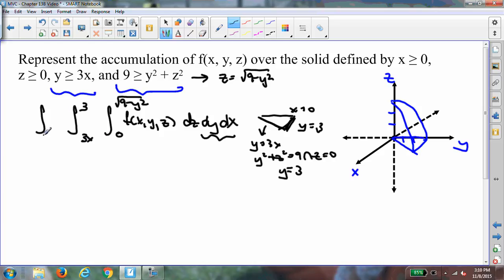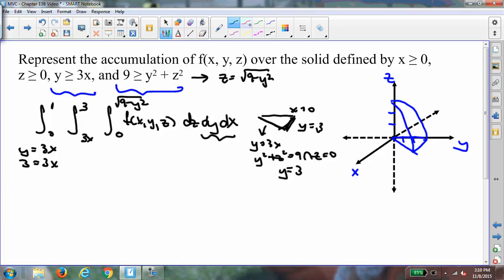And then my bounds for x are from x equals 0 to x equals 1. And again, you figure that out because you have y equals 3x. So if y equals 3, then x has to equal 1. So that is the integration if it's dz, dy, dx.